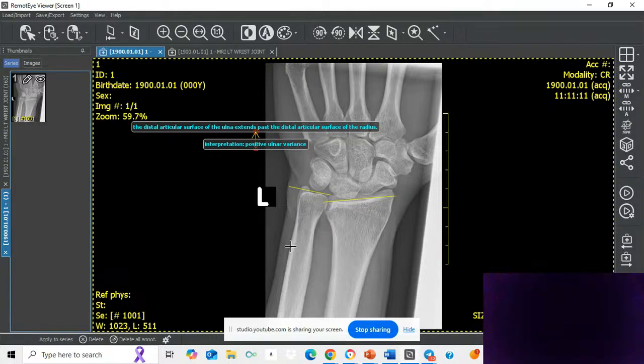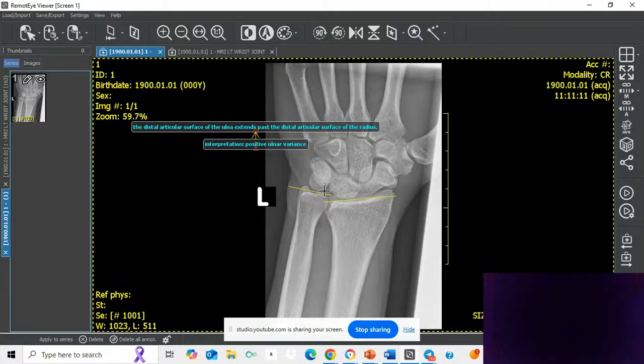So on X-ray, if you see that the distal articular surface of the ulna is not at the same level as the distal articular surface of the radius, this means that the triangular fibrocartilage complex is not working. Why? Because the main function of the triangular fibrocartilage complex is to maintain the articular surface of the ulna with the articular surface of the radius.